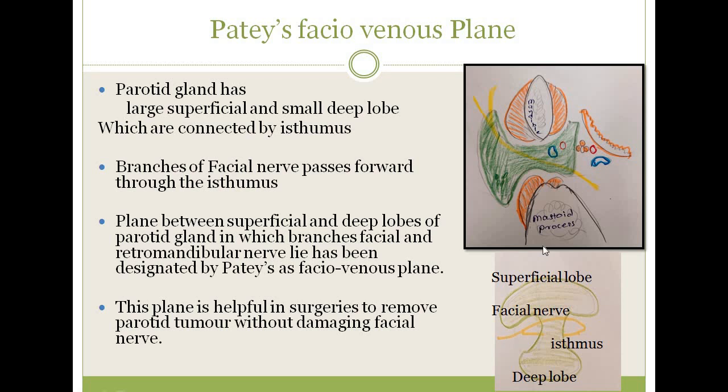You can see that between the superficial lobe and deep lobe, the facial nerve is entering, branching over here, and then again ramifying. The plane between the superficial and deep lobes of the parotid gland, in which branches of the facial nerve and the retromandibular vein lie, has been designated by Patey as the fasciovenous plane.